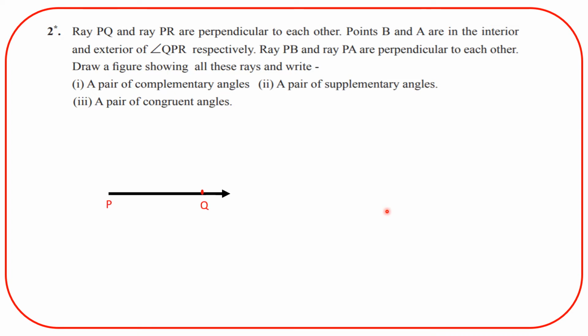So we draw ray PQ and ray PR. They are perpendicular to each other. Now take points B and A. B is in the interior and A is in the exterior part of angle QPR. Now draw rays PB and PA.